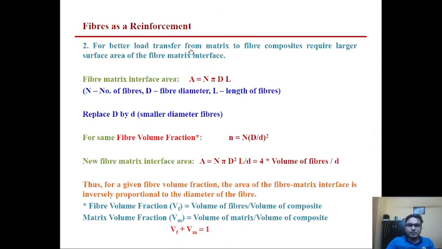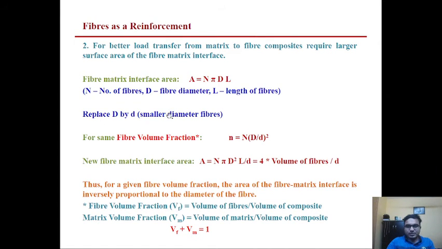For better load transfer from matrix to the fiber, composites require a larger surface area of the fiber matrix interface, and this larger surface area is A equal to n pi d l, where n is the number of fibers, d is fiber diameter, and l is length of fibers.